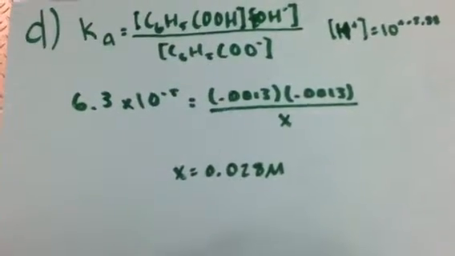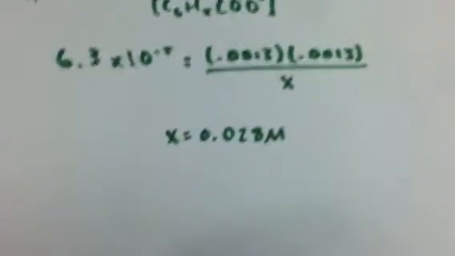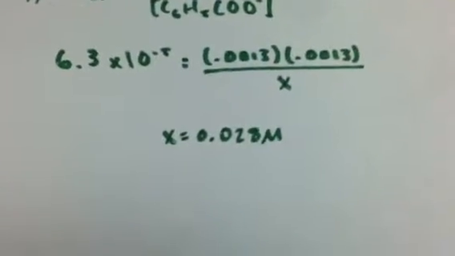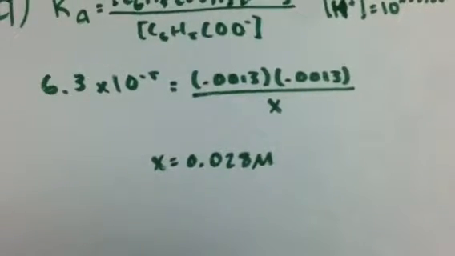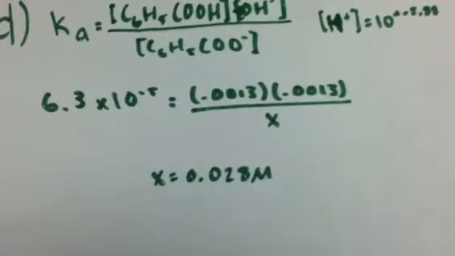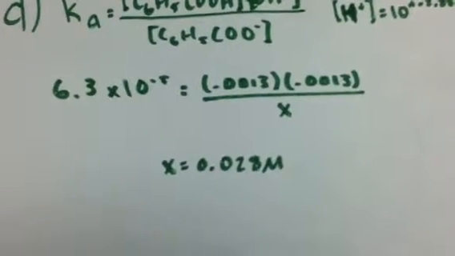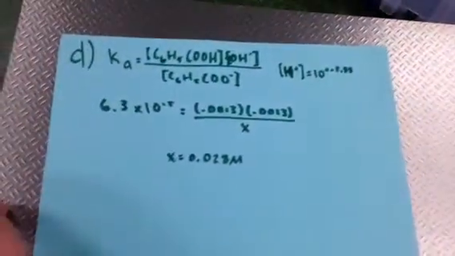That's going to give you 6.3 times 10 to the negative 8. You're going to set that equal to your regular equilibrium equation, which is going to be 0.0013 times 0.0013 divided by x, and then x is going to equal 0.028 molar. And that is the last one.